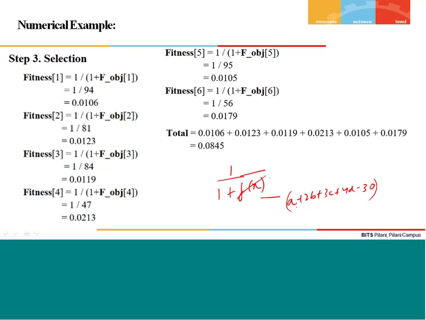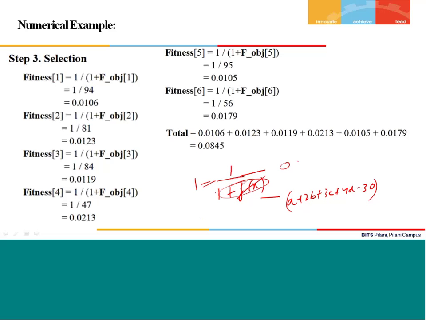When fx gets 0, my fitness function will get 1. If fx is not equal to 0, then my fitness function will have some value in the denominator, and I will get a fractional value. So my fitness is best when I get a value close to 1, and otherwise it will be a fraction. So this is my fitness function here.